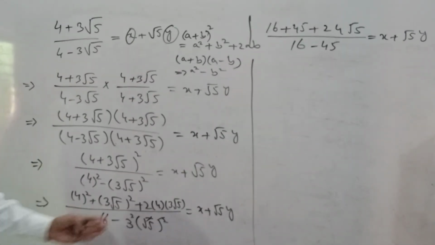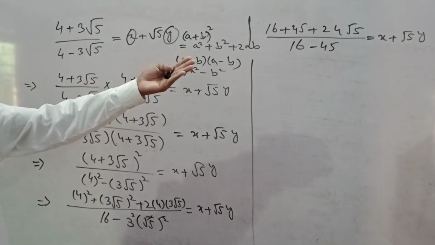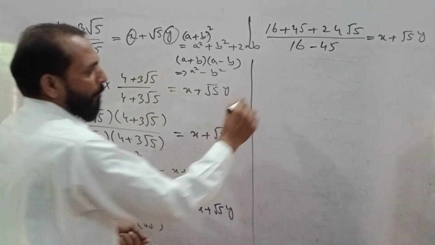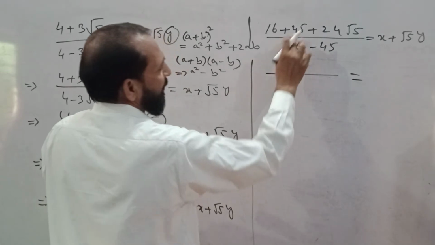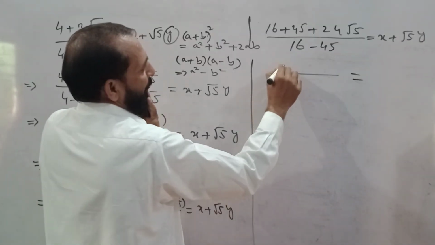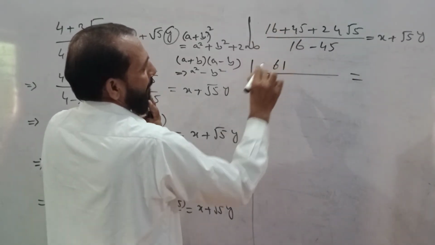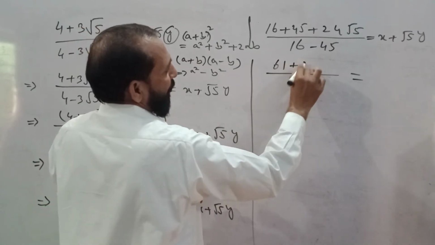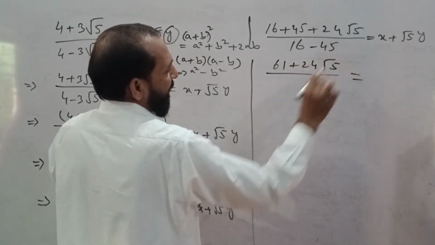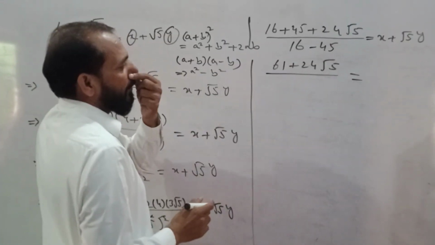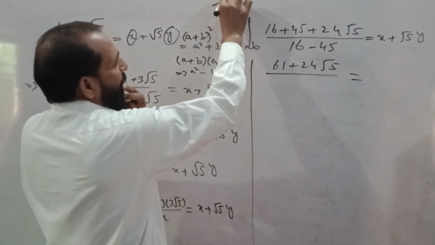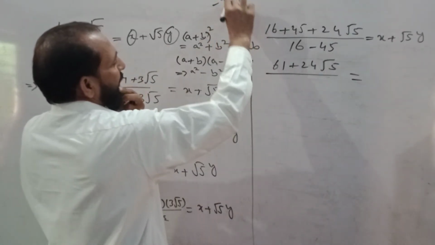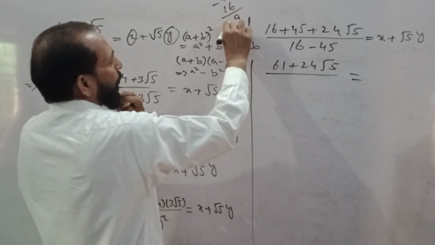This is the expression after simplification of the above question, and now we have also simplified the 16 and the 24 root 5, and this will be 45, 16, 9 into 2.